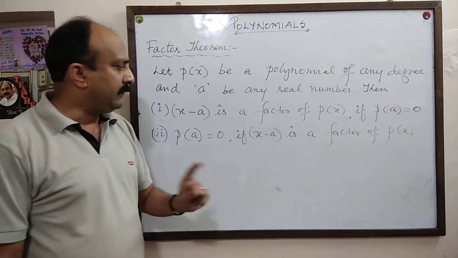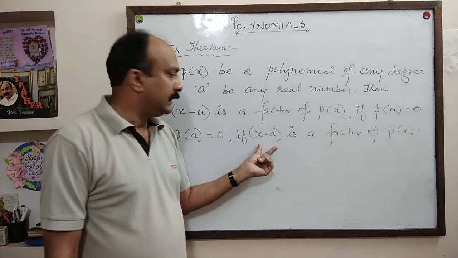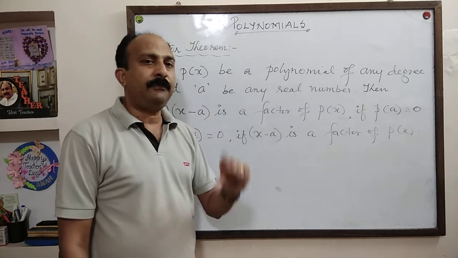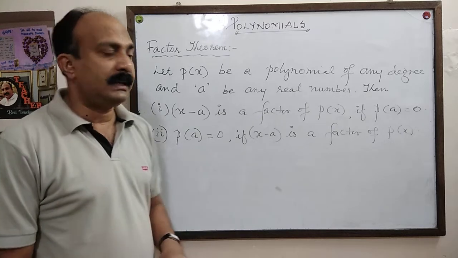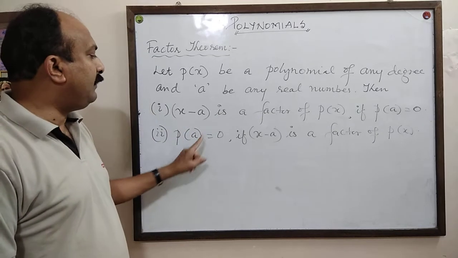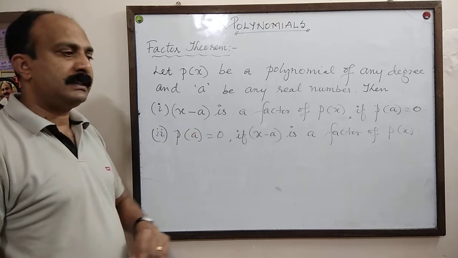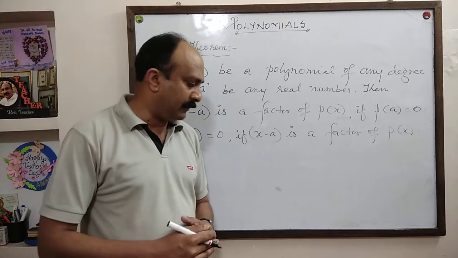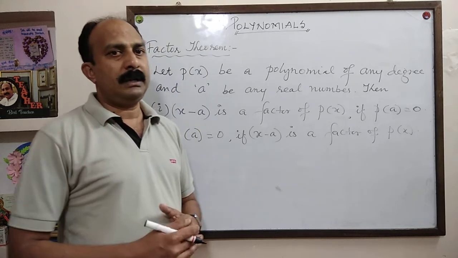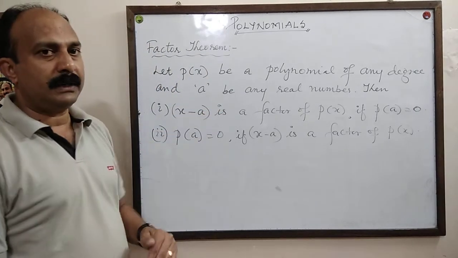Suppose you are given a polynomial p(x) and you are also given that x minus a is a factor of that given polynomial p(x). In that case we can say p(a) will be equal to 0. Both of these statements will be useful in doing the questions. We are going to discuss the question answers of the next exercise. Then we will see the application of both the statements.